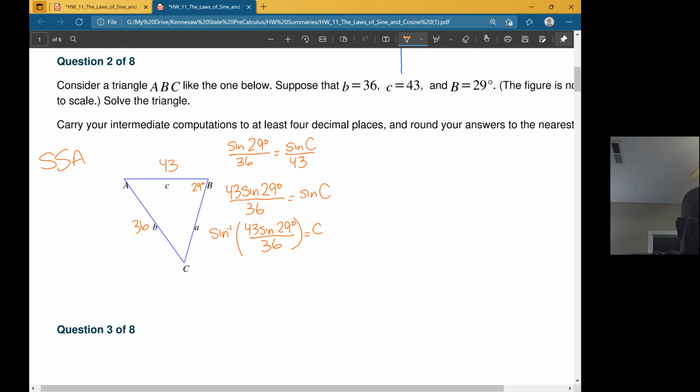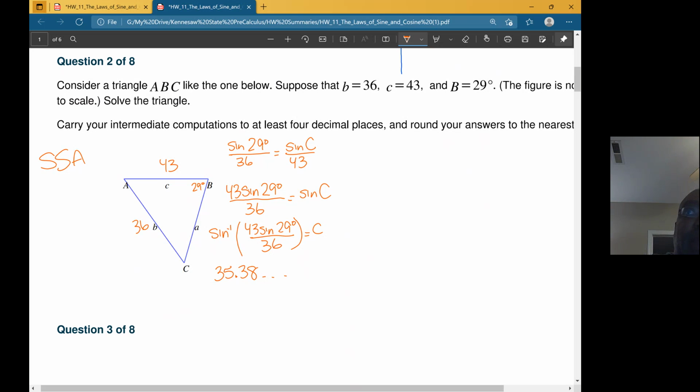So I'm going to do the arc sine of the fraction 43 sine of 29 degrees over 36. And I get C being equal to 35.38, and so on and so forth.